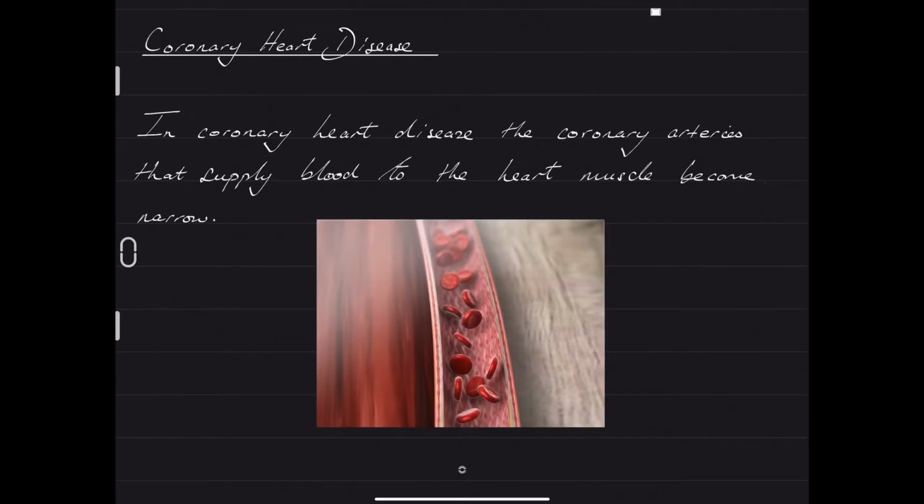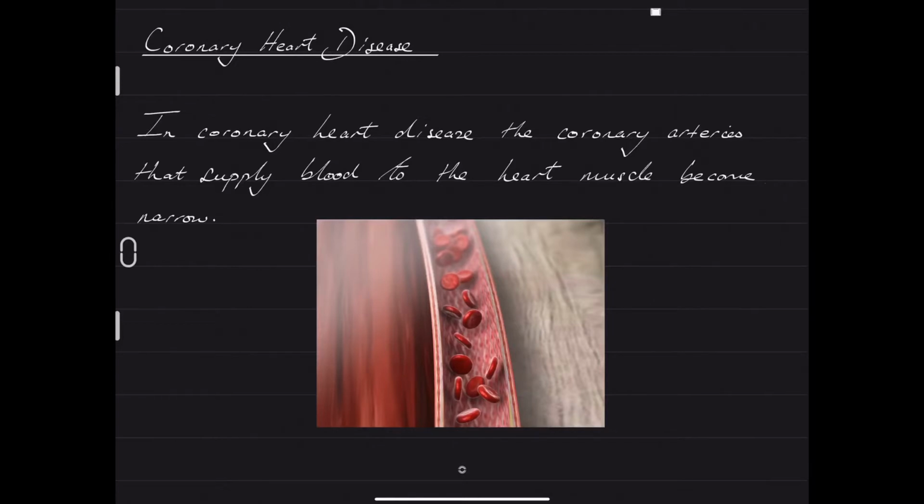Because these arteries are supplying oxygenated blood to the heart and other nutrients for the respiring cardiac muscle tissue, if there's any blockage in these arteries or if there's a narrowing, this can cause complications for the heart. Cardiac muscle will start to die and this can result in a heart attack.